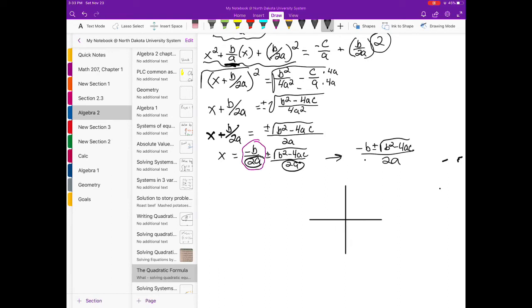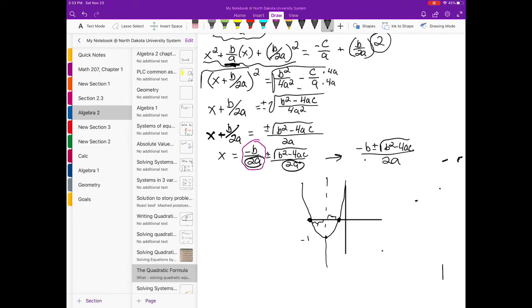So if we, for instance, had a parabola like so, with our axis of symmetry, we have our solutions on either side of the axis of symmetry, and they are equidistant from the axis of symmetry, by definition, right? This is the same distance as that.